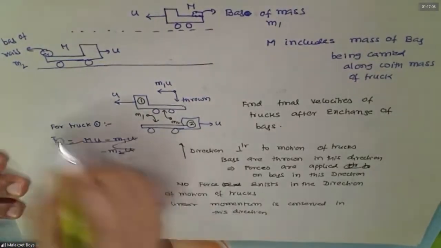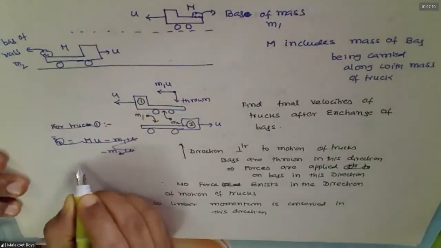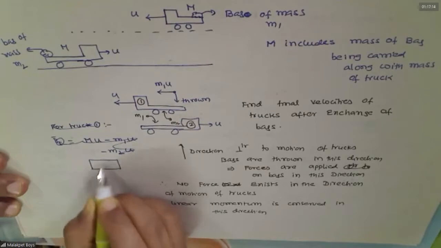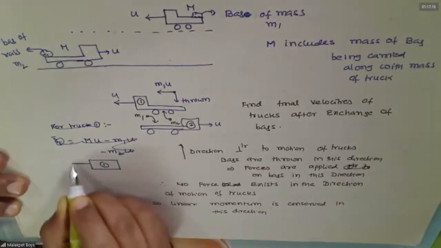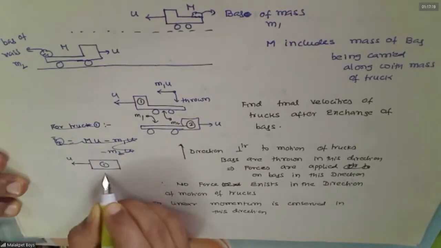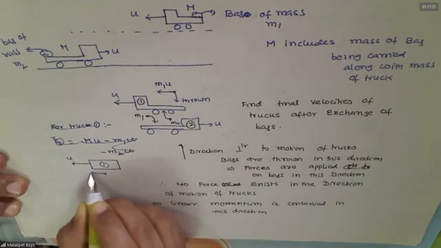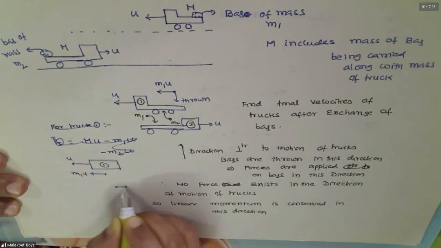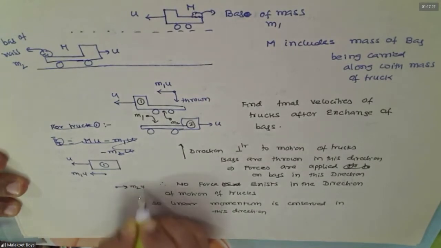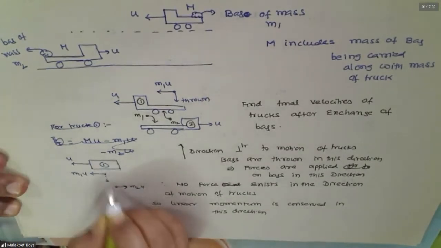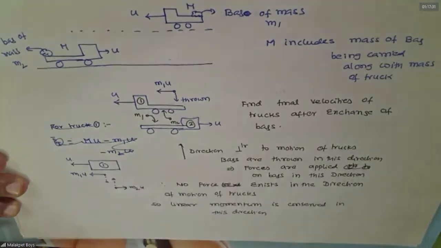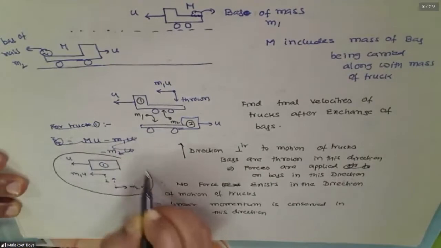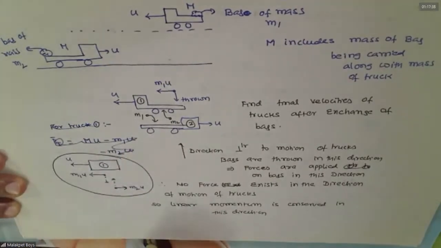See, again, get back to this. This is truck one, no? This is having U. Now from this you are having M1 U. Another one is having like this M2 U. Now this is coming, this is going like this. I am using conservation of momentum for this setup. Agreed?